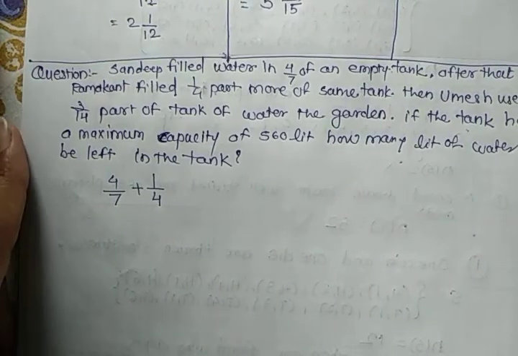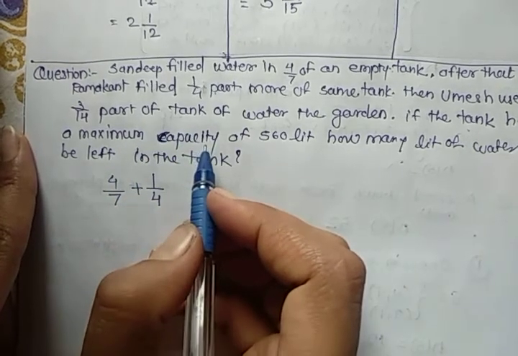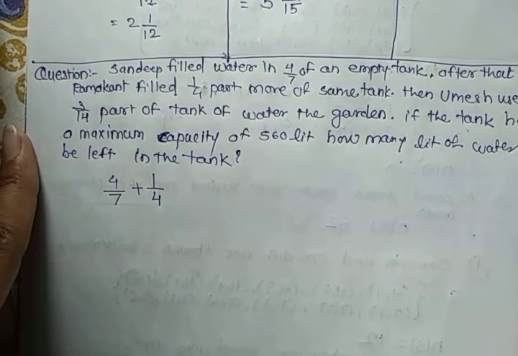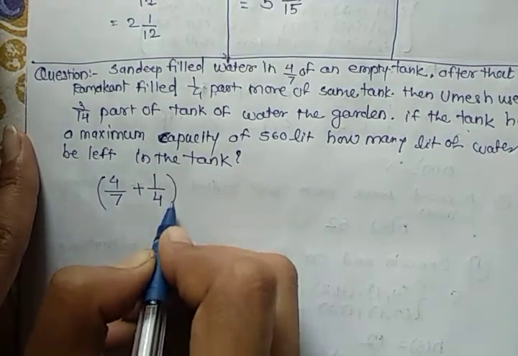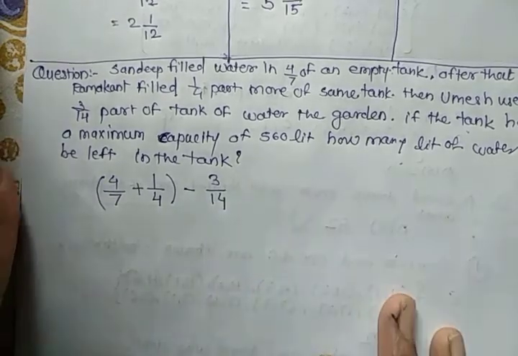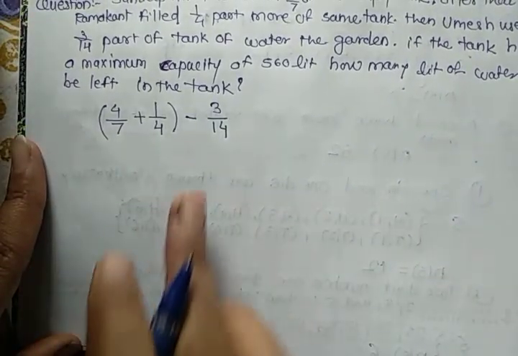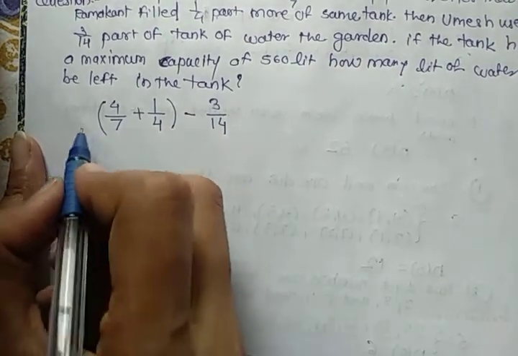So there is an addition. And after that, Umesh used the 3/14 part of the tank's water for the garden. It means first addition, then after that minus 3 upon 14. So first solve this bracket, then subtract 3 upon 14 from the answer.